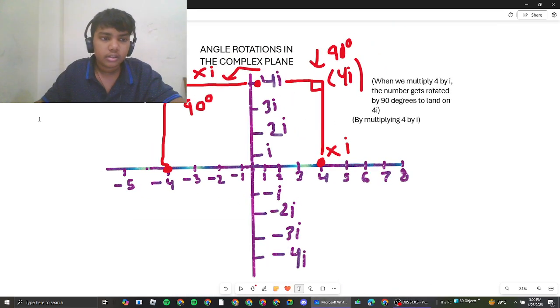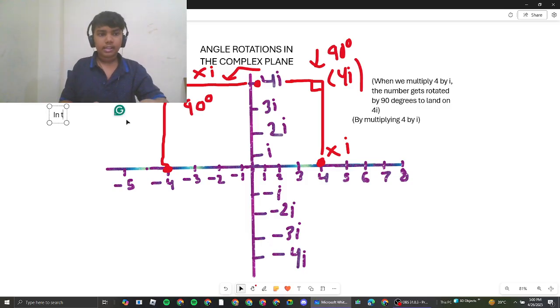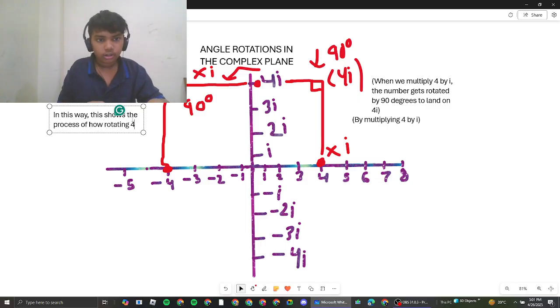In this way, this shows the process of rotating by 180 degrees gives -4.